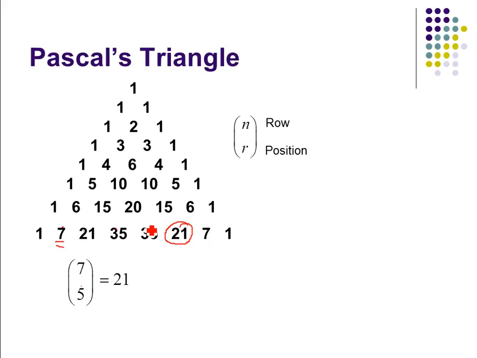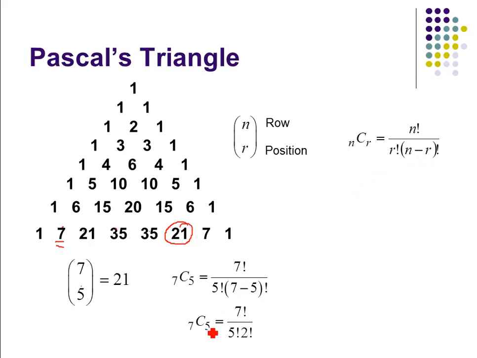Now, from our formulas, when you see this formula, which may or may not be in your book, 7 is n, r is going to be 5. So I've got 7 choose 5. It's 7 factorial over 5 factorial over 7 minus 5. That's what the n minus r is. Now, the important thing when you look at the numbers: here's the number, here's the r.